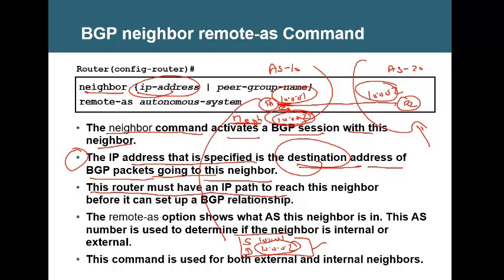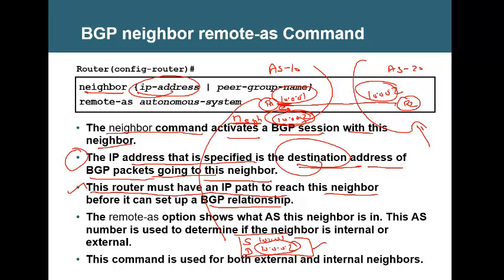Can BGP form neighbor with a remote router? Yes. Make sure there is an IP path. We have seen this, we will see it again later. Now this router must have an IP path to reach this neighbor.